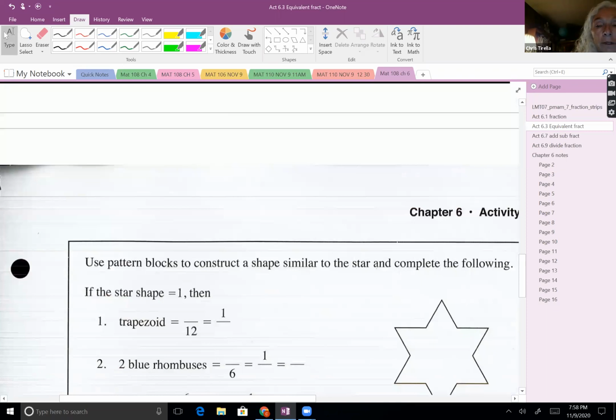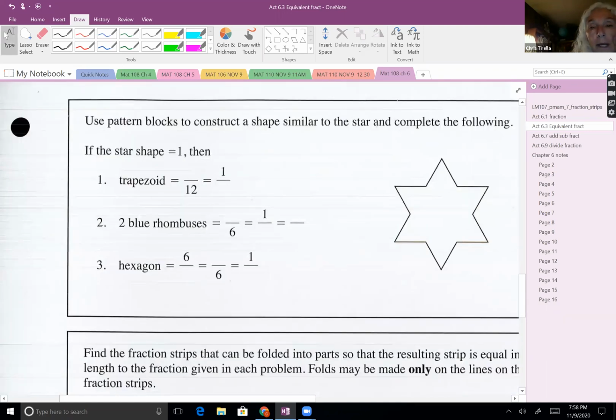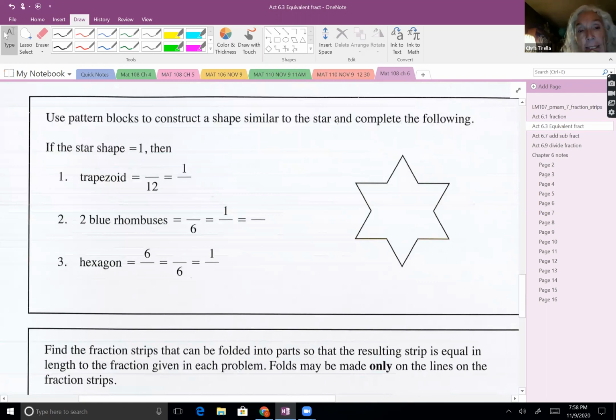Then the next page asked us to make this star shape out of our pattern blocks. And now if I look at my pattern blocks, does everybody see that the star shape could be a hexagon with the little triangles?